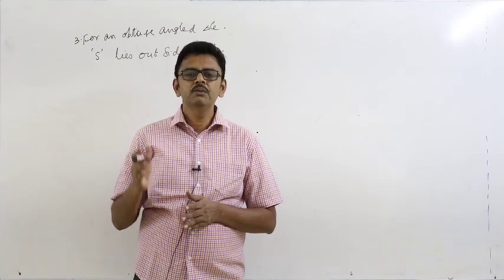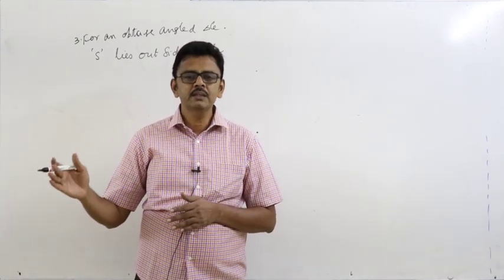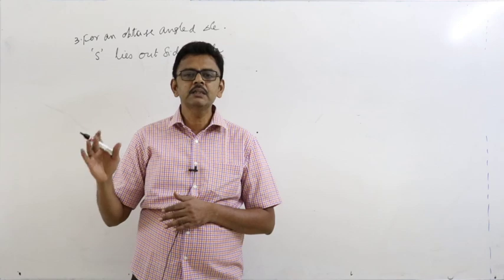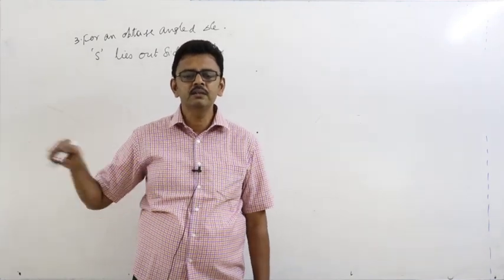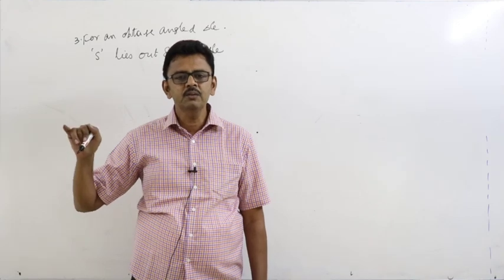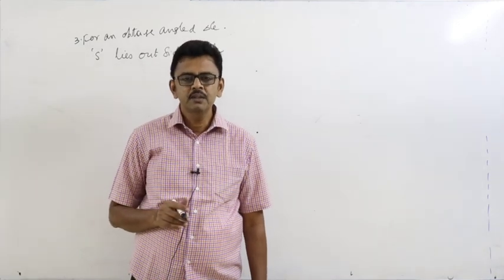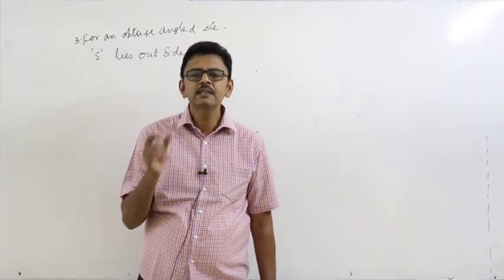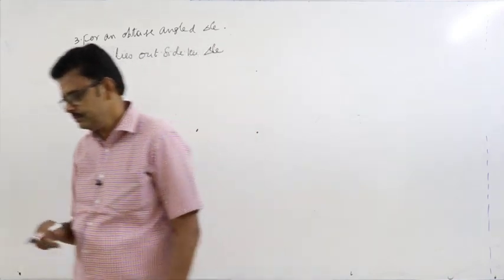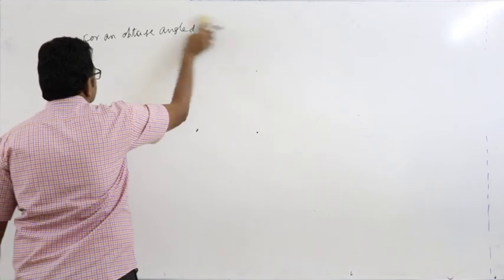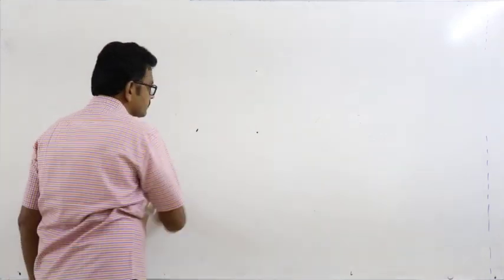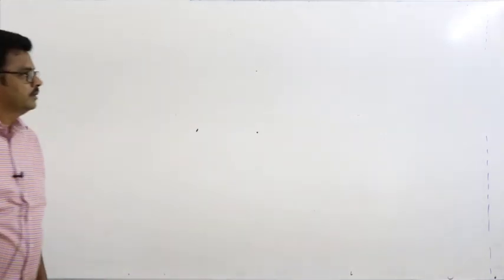You will get this question in the intermediate board examination for 7 marks: find the circumcenter of the triangle whose vertices are given. This is an important question, based on the distance formula.